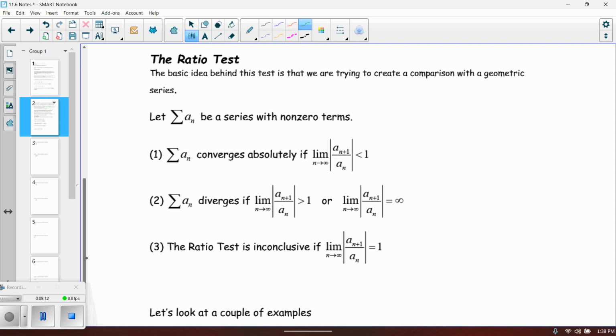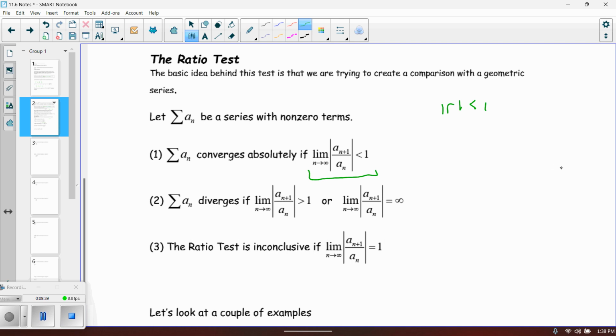So the series is going to converge absolutely if the following criteria is true. This one right here: if the limit as n goes to infinity of the absolute value of the a sub n plus 1 term divided by the a sub n term is less than 1. If you remember the criteria for a geometric series, the absolute value of r had to be less than 1.